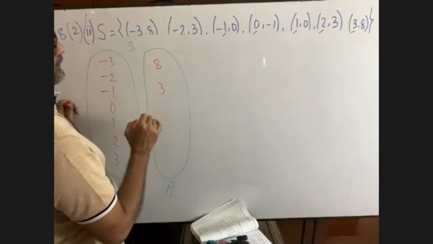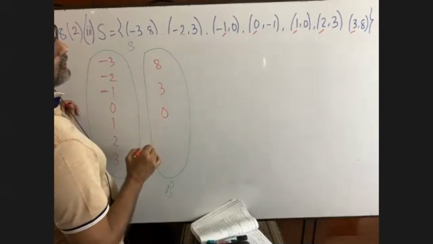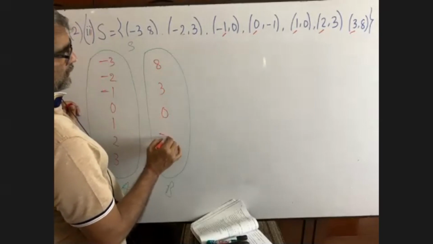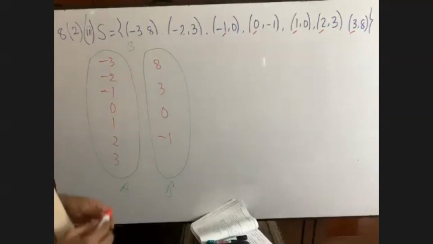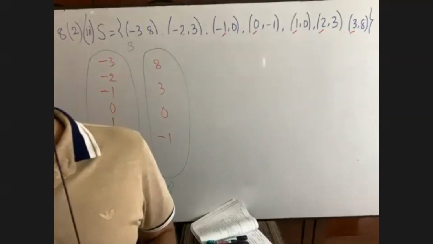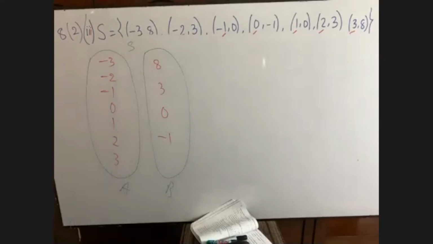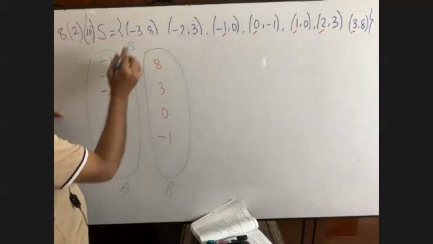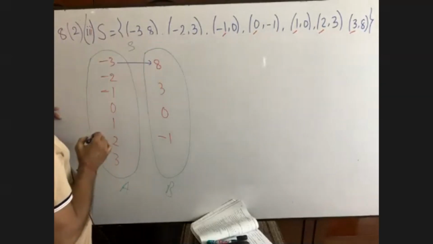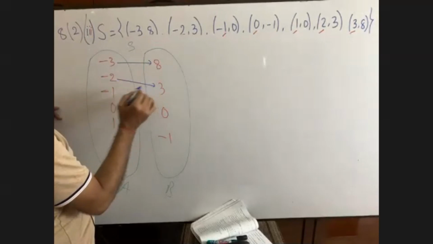3, 0, -1. We won't write anything else. So we are getting for -3 it is 8. For -2 it is 3.